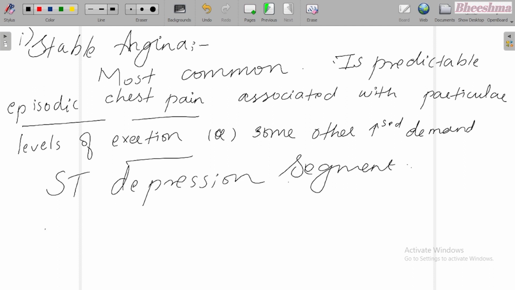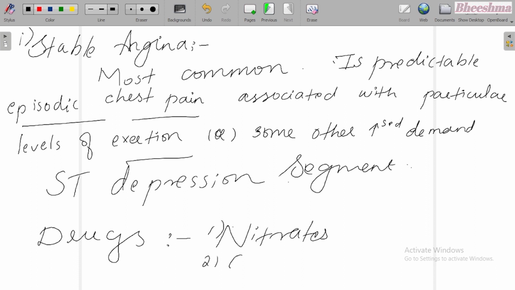The main drugs used in stable angina are nitrates and CCB, that is calcium channel blockers, such as amlodipine, nifedipine, nicardipine, etc.